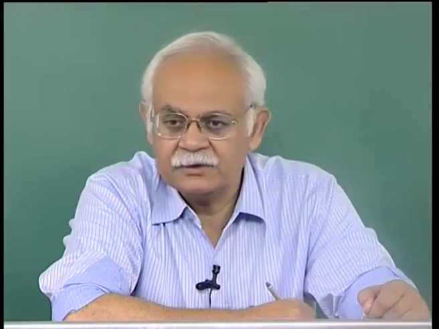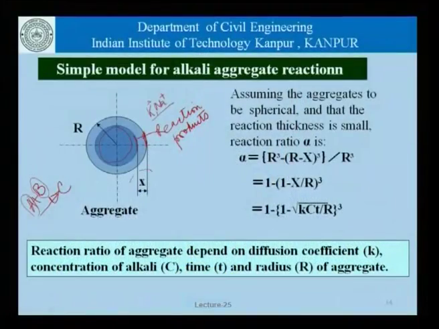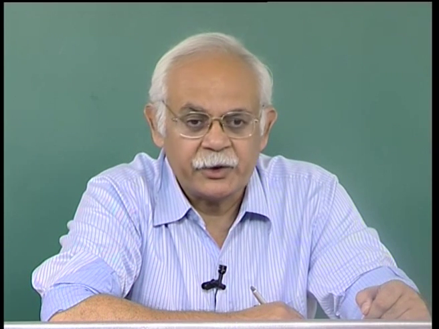A third possibility is that we still have reactive minerals, we still have alkali in the pore solution, but this thickness has reached a level where it has made it very difficult, close to impossible, for the fresh surface to be approached by the alkali present in the system, and that would be the place when the reaction would cease.